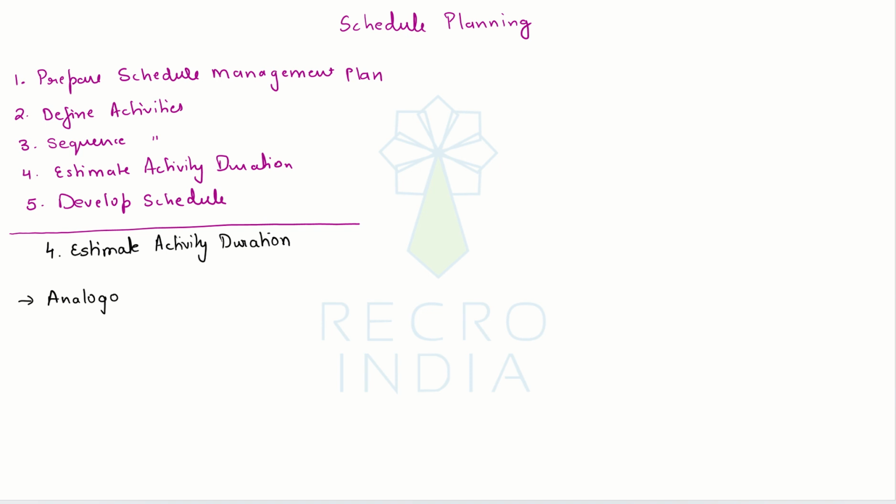Starting with analogous estimation. Analogous estimation is a very simple and quick estimation technique which simply uses the past experience and copy pastes it. Meaning, if we have done a similar activity in the past, we can say that last time it took me, let's say, 2 days to complete this activity, so this time also it will take me 2 days.